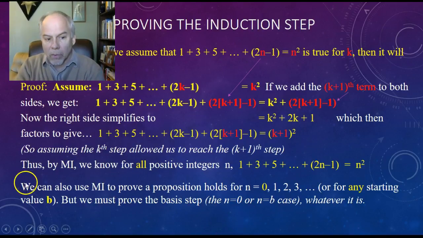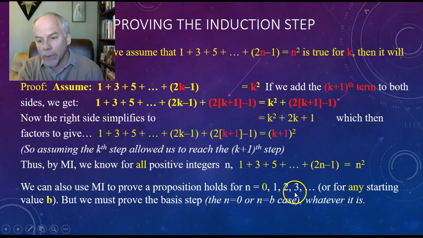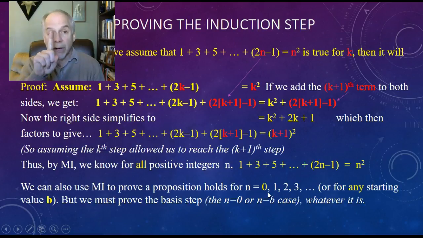Now, we can also use mathematical induction to prove a proposition holds for n equals 0, and then 1, 2, 3, 4, etc. In other words, we don't always have to start at 1. We could start at 0 as your starting value, or we could start at some other starting value.